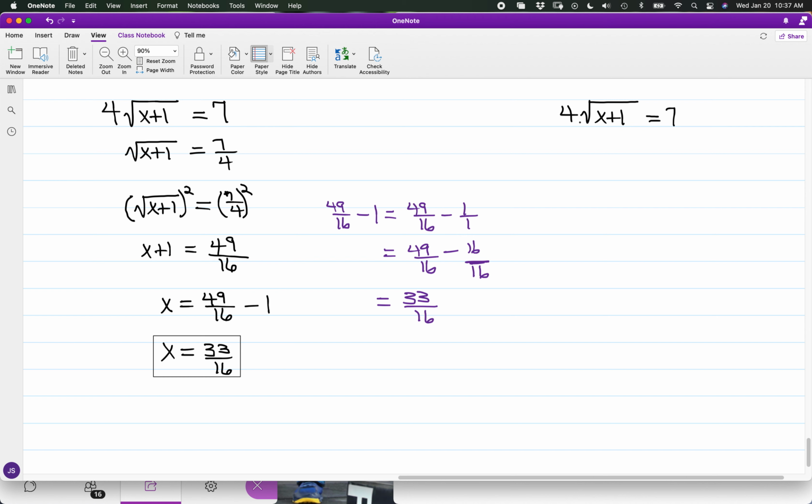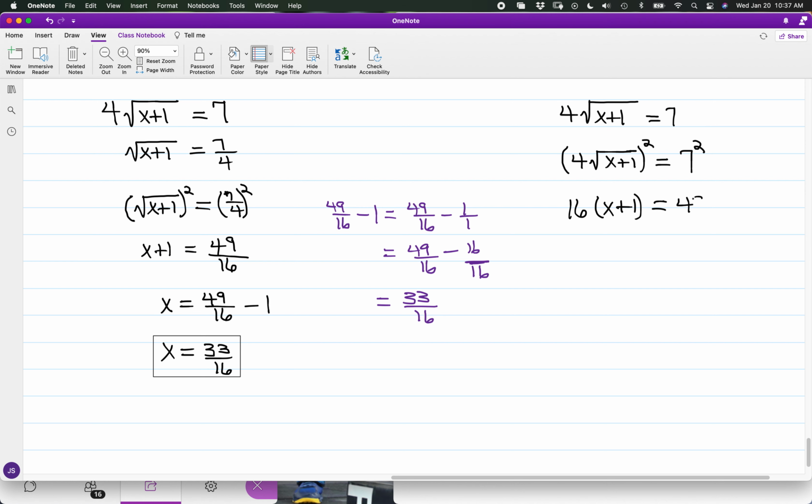Now instead of creating a fraction, a positive term times the square root comes out to a non-negative value, so I'm at liberty to square both sides of the equation. Now 4 squared is going to be 16, the square root of x plus 1 squared is going to be x plus 1, and 7 squared is going to be 49.